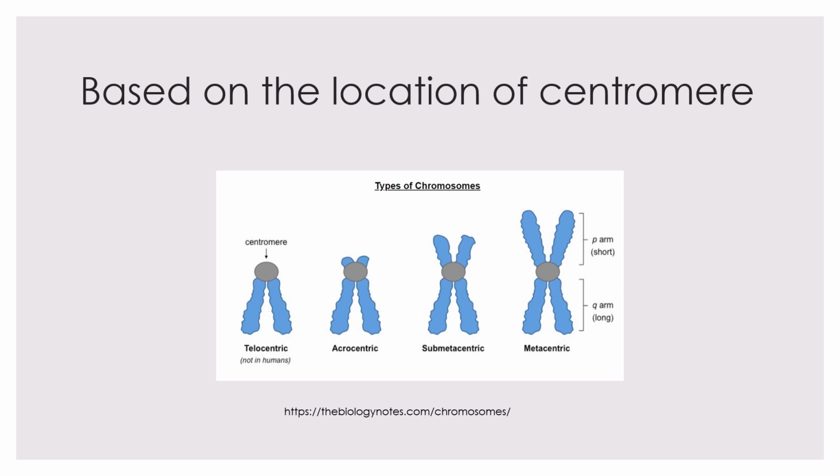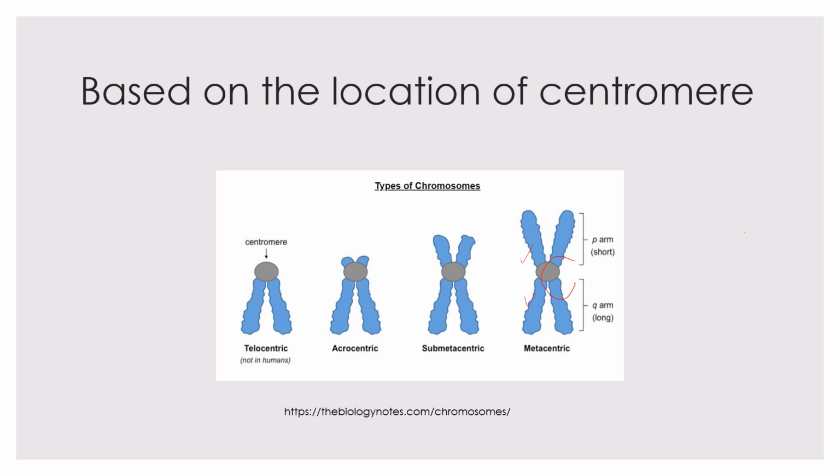Based on the centromere position, if the centromeric constriction is almost at the center, then it is called a metacentric chromosome. Remember, like a mnemonic, M for metacentric, M for middle. It's almost in the middle, where the P and Q arms are similar.